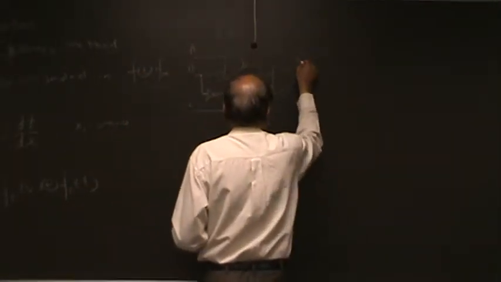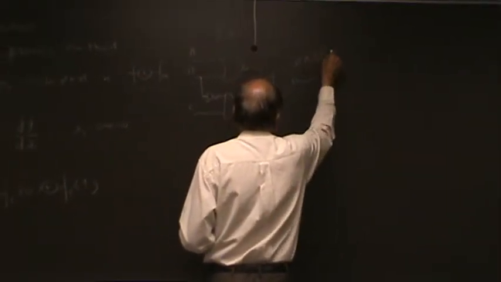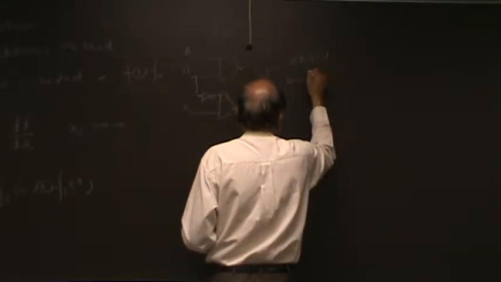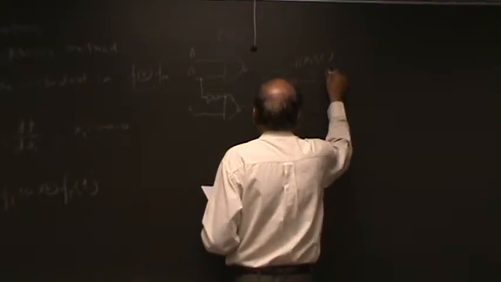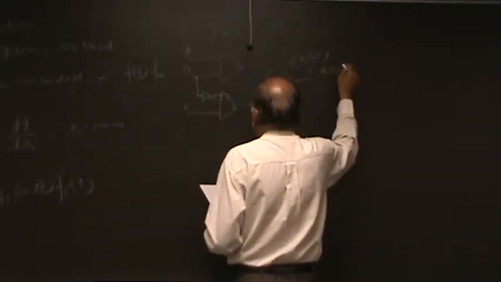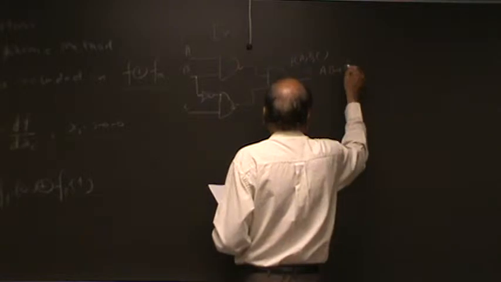Now the normal function, which is a function of a, b, and c, is, as you can easily verify, equal to ab plus b bar c.